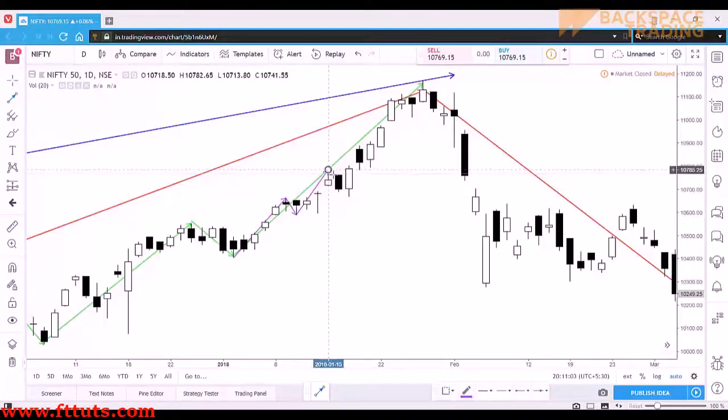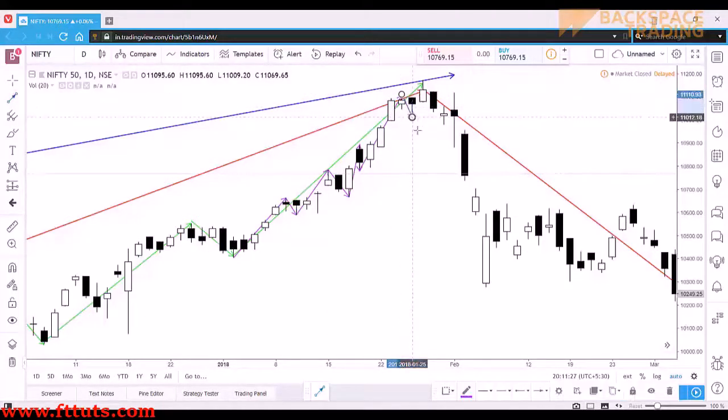From this high we have a low. From this high we have a high. The same candle is a low. From this low there is a high. From this high we have a low, and we have another high, and here it went down.